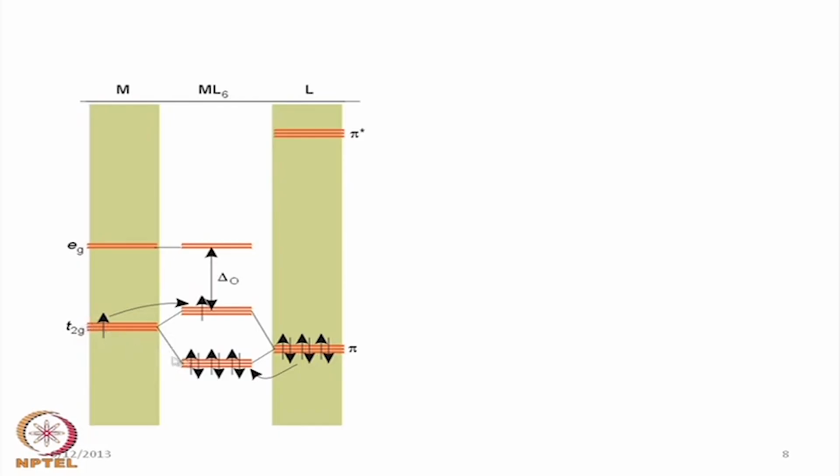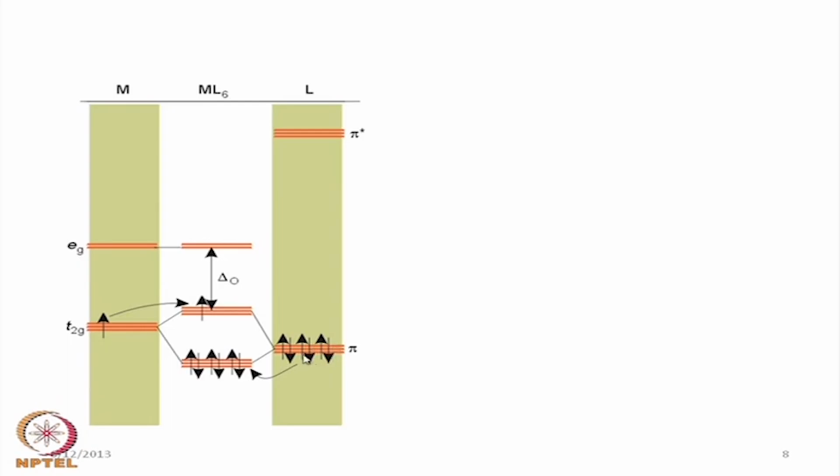The T2g symmetric orbitals from that representation will now overlap with the metal T2g set, giving bonding as well as antibonding orbitals. And if only the pi levels are filled, that means the ligand is functioning only as a pi donor ligand, like our iodide, chloride or sulfide.